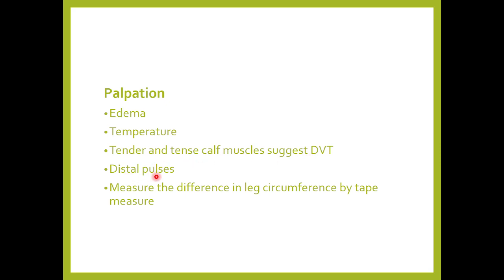You palpate the distal pulses, the dorsalis pedis artery for positive pulsation. And you can measure the leg circumference by tape measure, so that you discriminate if there is a discrepancy between the circumference of the two calf muscles of more than 3 cm. This is suggestive of deep vein thrombosis.